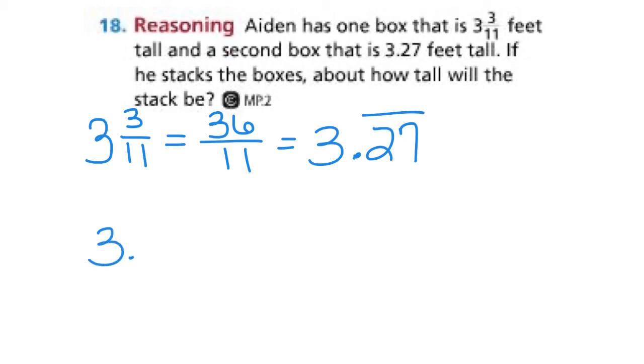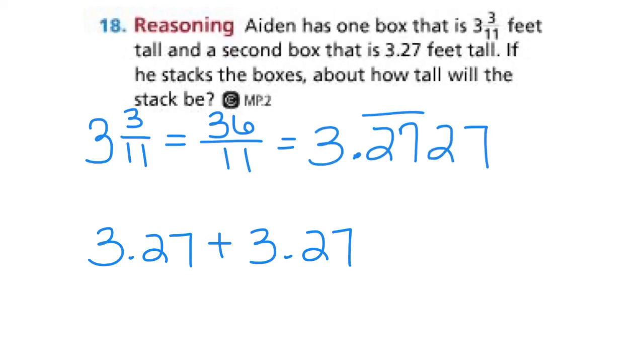So we are going to add them, but we're going to estimate. And 3.27 repeated, since the next number is a 2, because the 27 is in a repeat, that's going to round the 7 to stay the same. If we add them together, we get 6.54 feet. That is about how tall the stack of boxes will be.